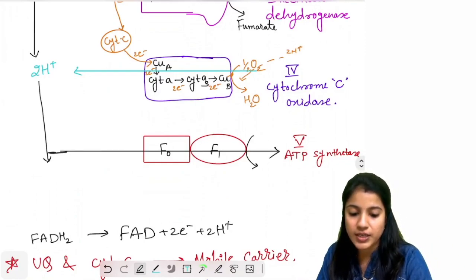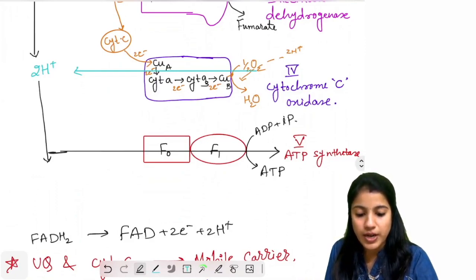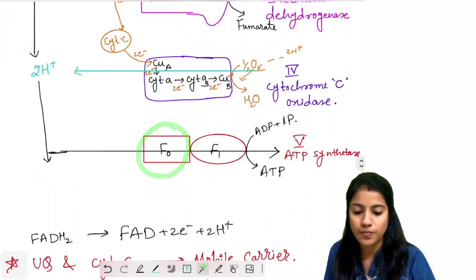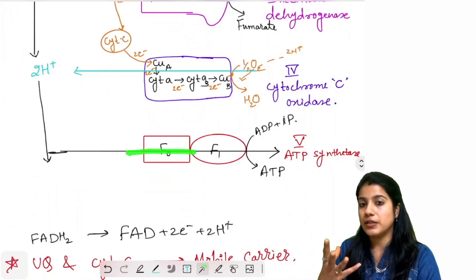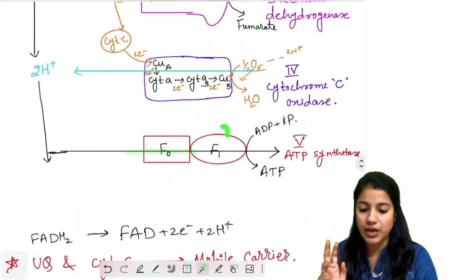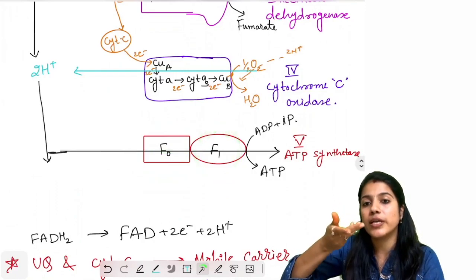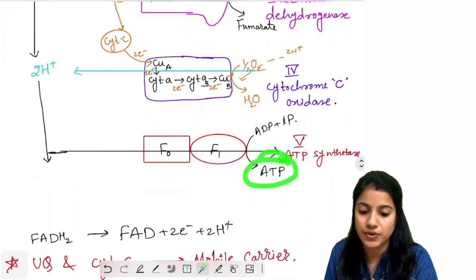Because of that, there will be formation of ATP from ADP and inorganic phosphate. Actually, F naught allows the transport of the protons, which creates some movement in the F naught F1 particle. So F1 particles start rotating. Because of that rotation, ATP will get generated.